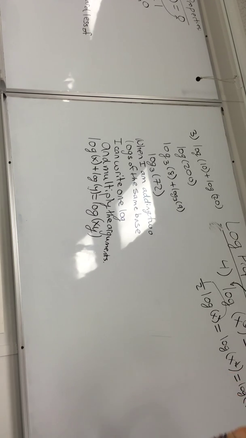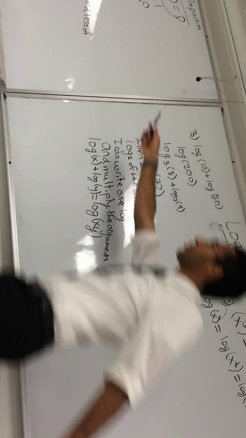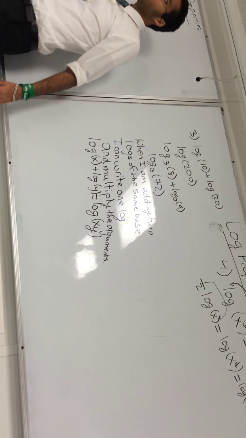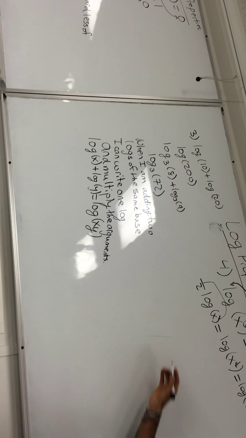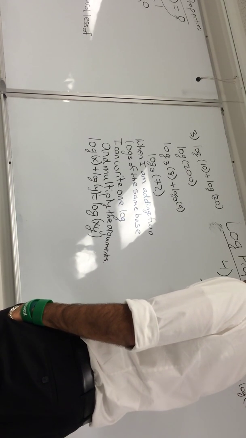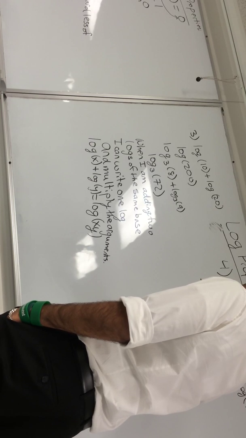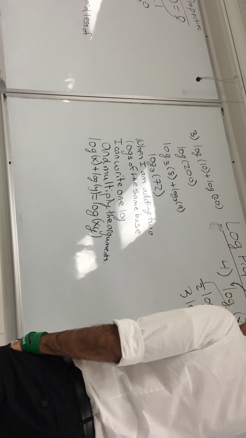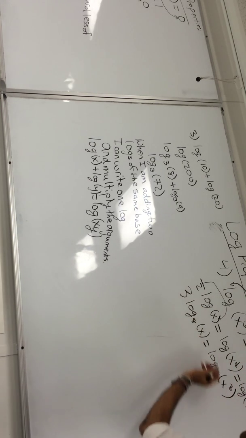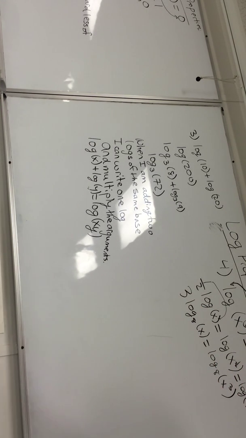Well, we don't need to write the 1. Any number to the 1st power is itself. Another example, if I had 3 log base 8 of x, that would be log base 8 of x cubed. The 3 comes inside.